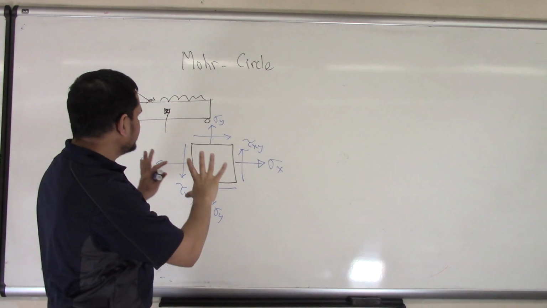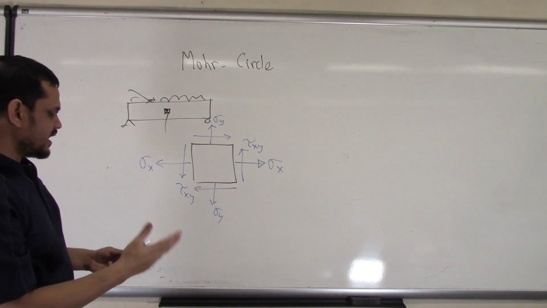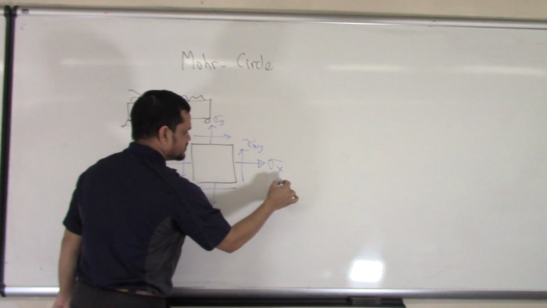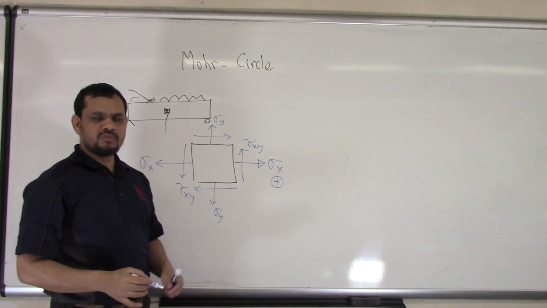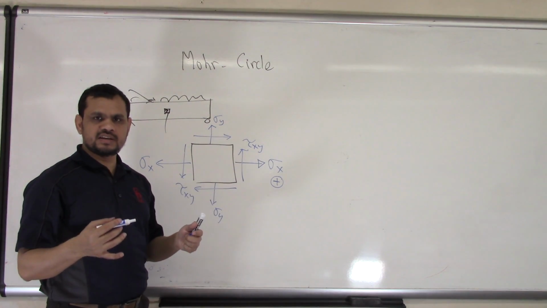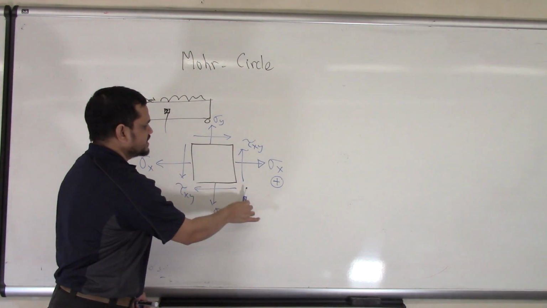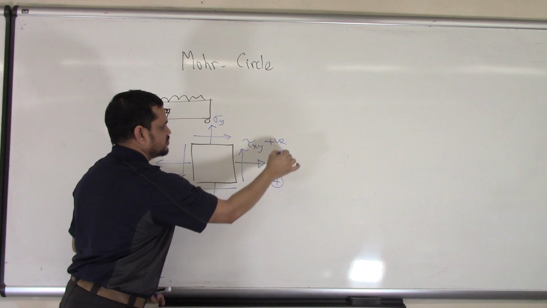So now here, this is the most common case, and according to the sign convention, this is positive. Away from the element, we assume it is tension, so we assume positive. Shear stress on this side upward, we consider this positive too.